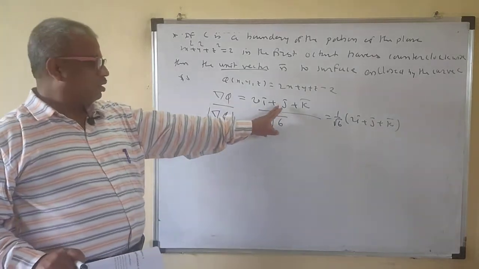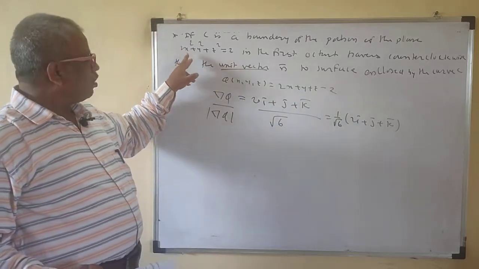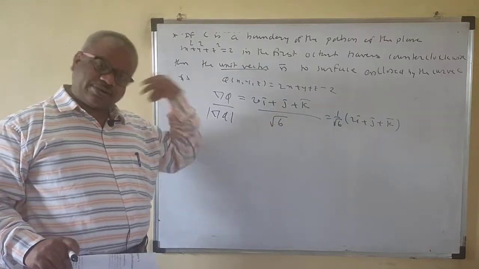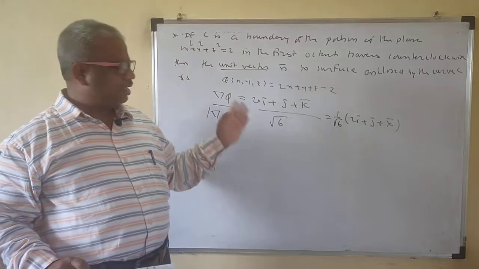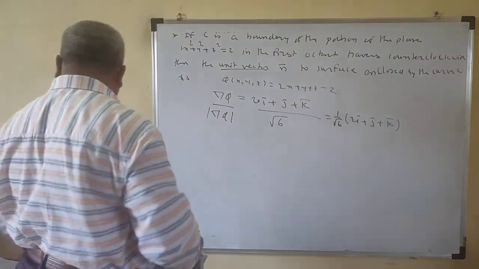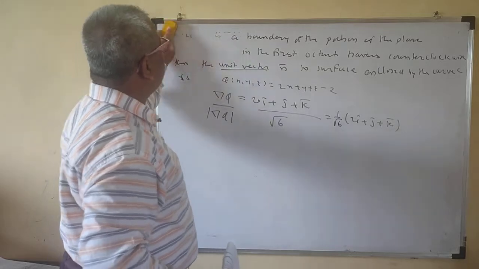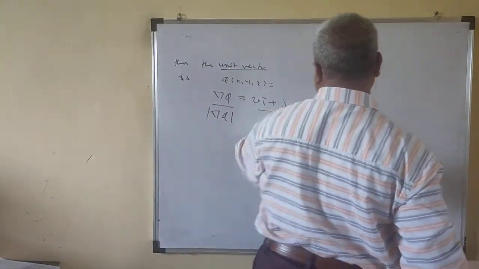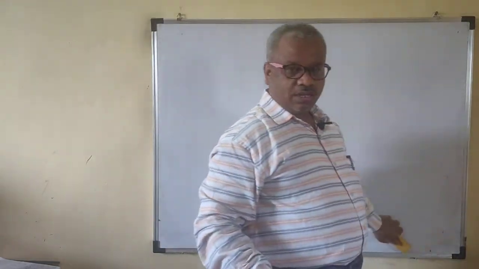This is the 4x, this is your 2y. So you can apply this formula, x square plus y square plus z square is equal to whatever the denominator may be. Don't take care of this one. But if your surface is like this, you can find a unit normal vector to the surface if the equation of the surface is given to you. For the plane it is very easy, therefore I have taken the example of the plane.